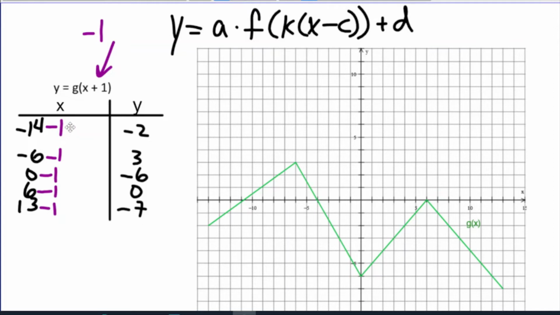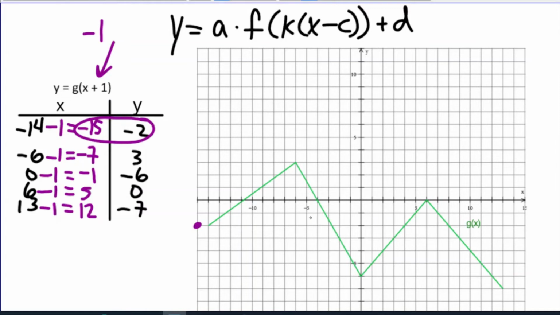So now all of my new values are going to move left by 1, which we can just do the calculation for. And these will give us our new coordinates. So we're going to combine these 2 points as a new coordinate, and the same thing goes for all of the others as well. So negative 15, 1, 2, 3, 4, 5, and negative 2 would bring me to here.